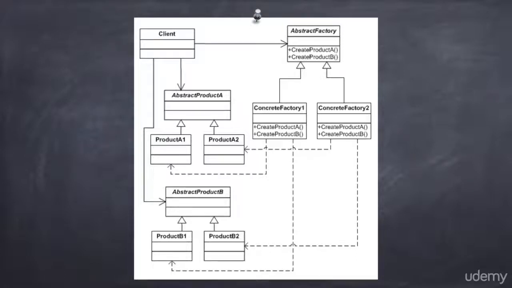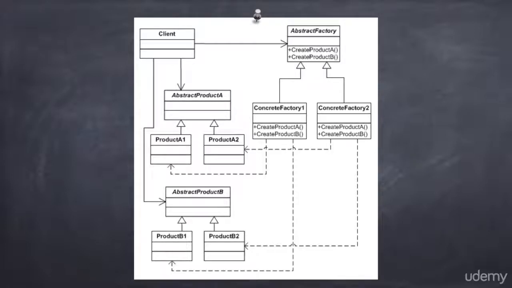So now the idea is that a client can simply call the Abstract Factory to create any of the A and B products. The Abstract Factory will determine which platform to use, then instantiate the correct platform factory, and then ask that factory to create the actual products.